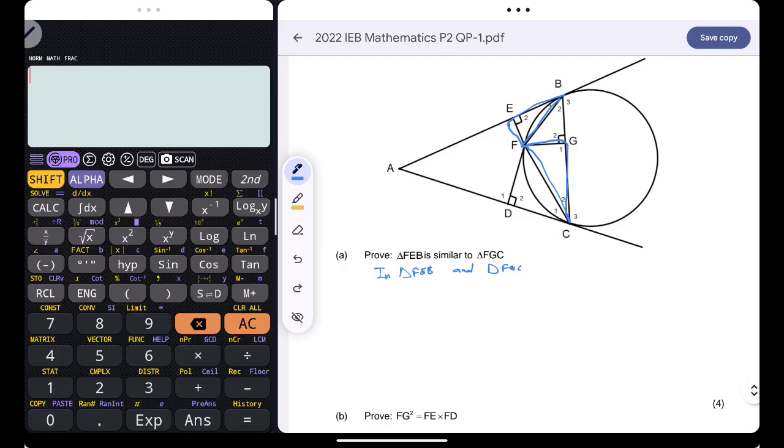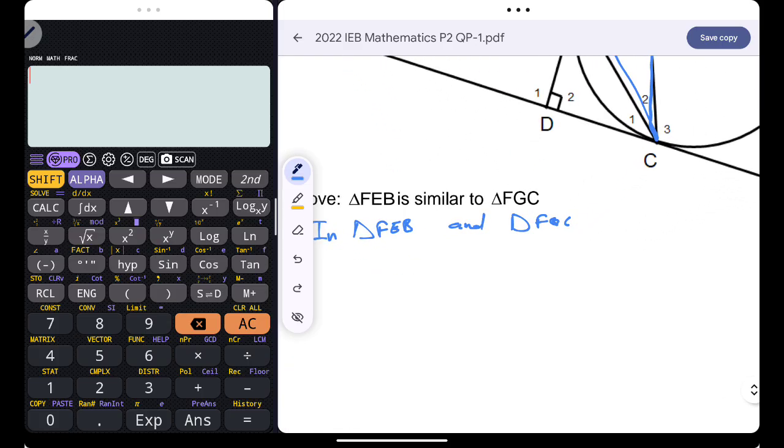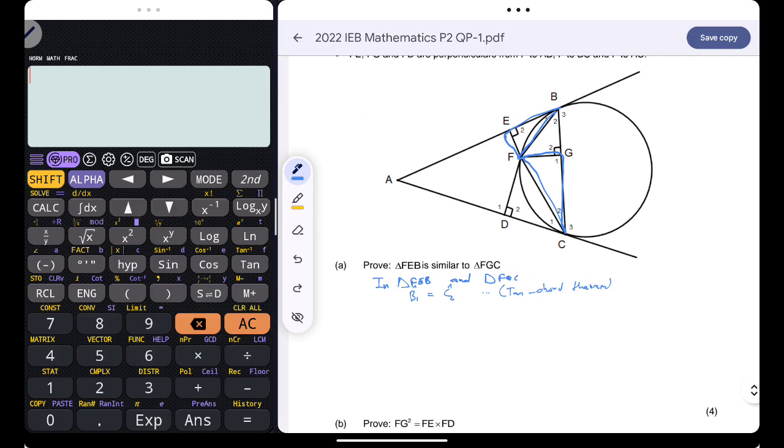Angle B1 is equal to angle C2. This is the tangent chord theorem. Where is it?